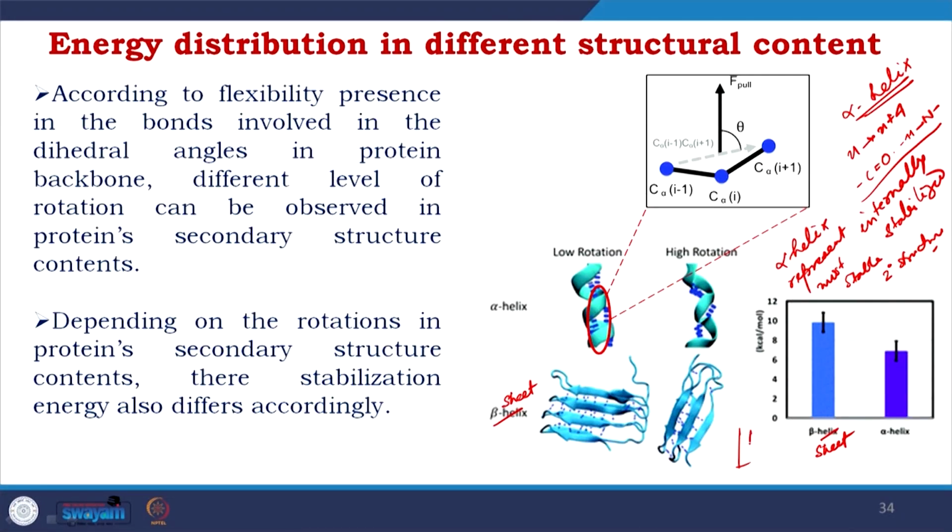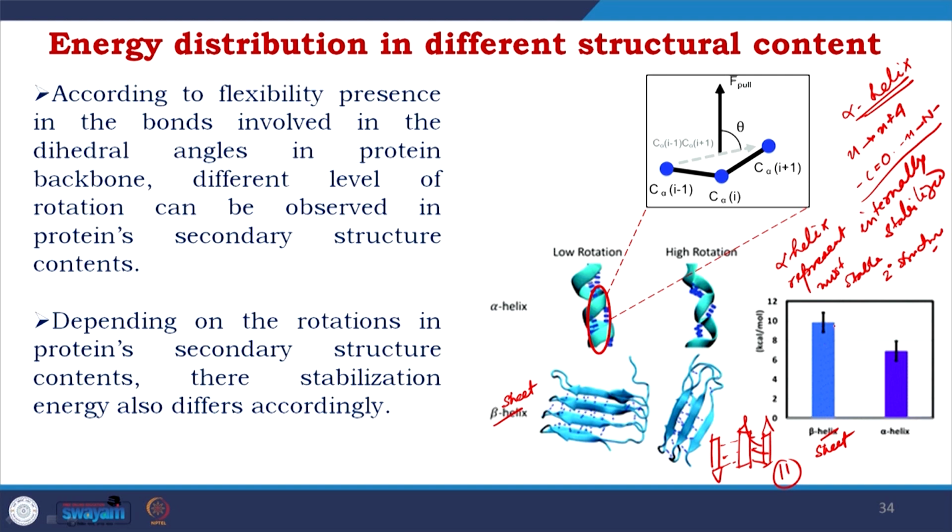So, one beta strand brings another beta strand, be it parallel or anti-parallel. So, they are together and together they have more energy.